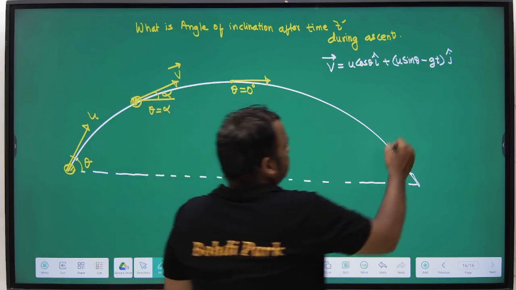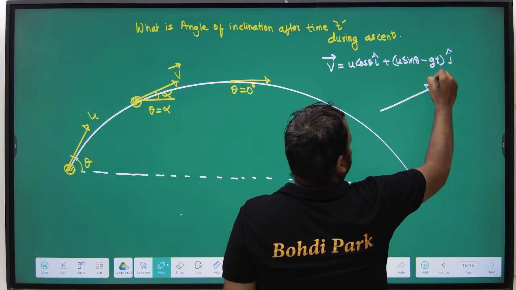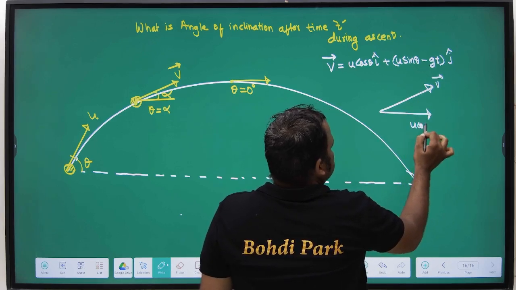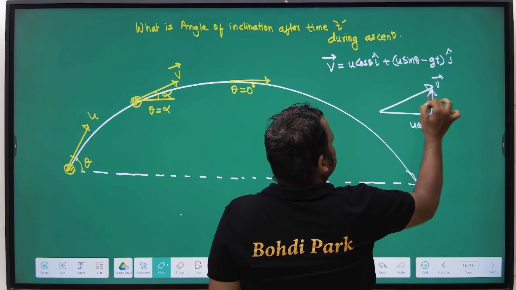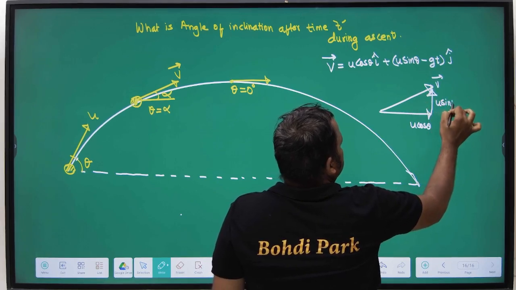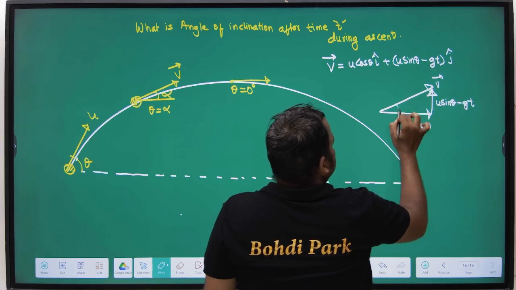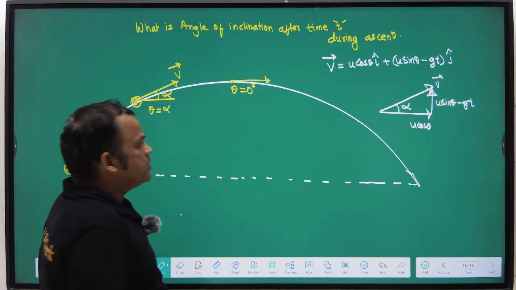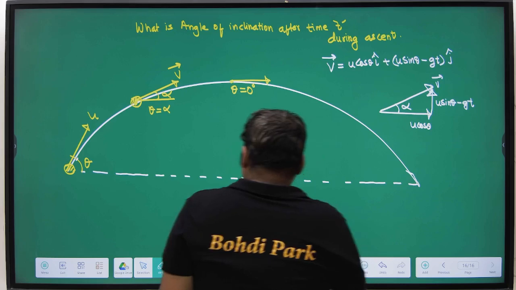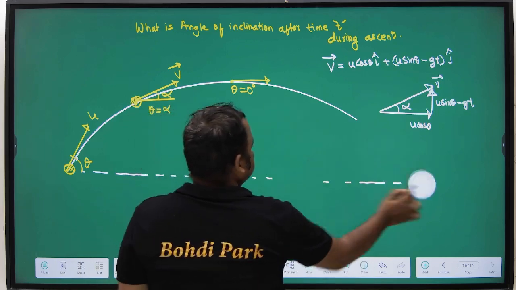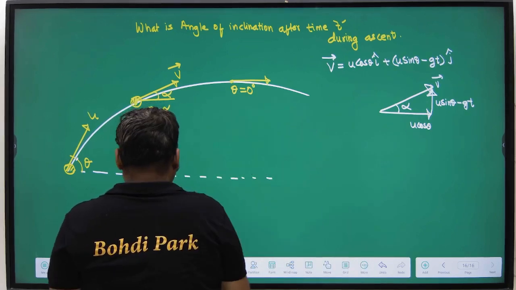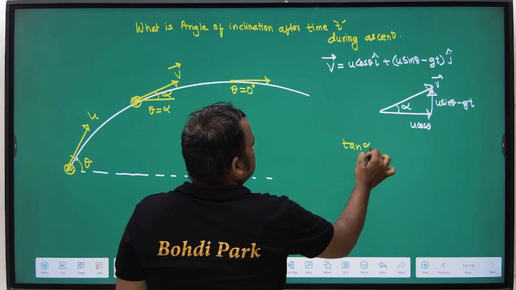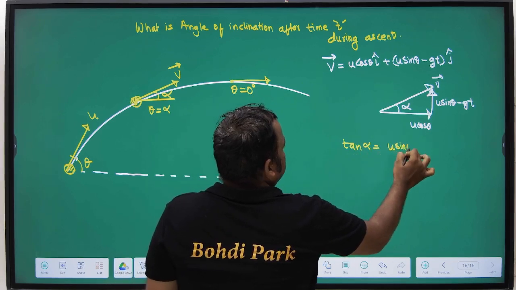If we draw this vector, it will be like this. This is the v vector. This is the horizontal component, which is u cos theta, and this is the vertical component, which is u sin theta minus gt, and the angle made by this vector with horizontal is alpha. So we can say that tan alpha is equal to opposite by adjacent.